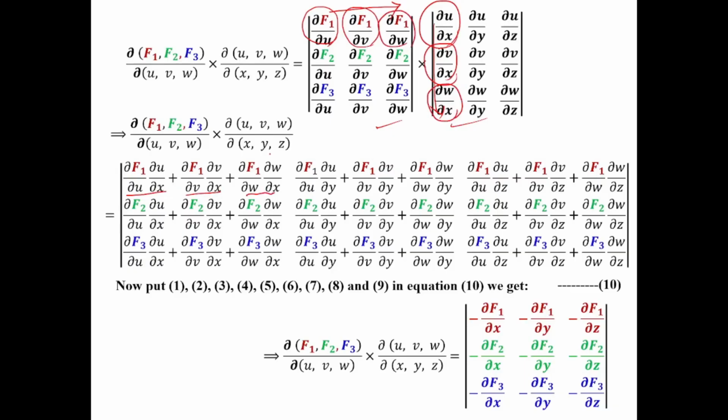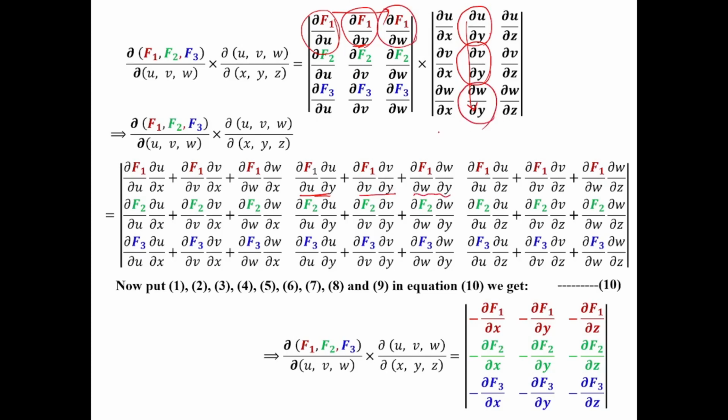Then the first row and second column: del f1 by del u into del u by del y, del f1 by del v multiplied with del v by del y, then del f1 by del w multiplied with del w by del y.